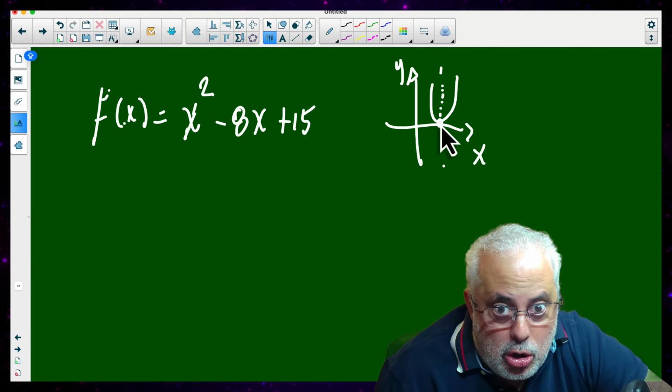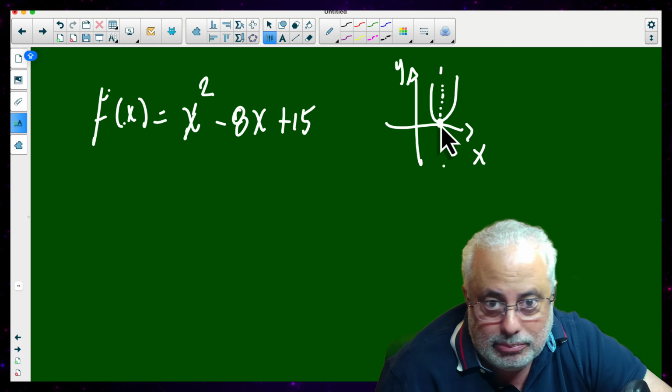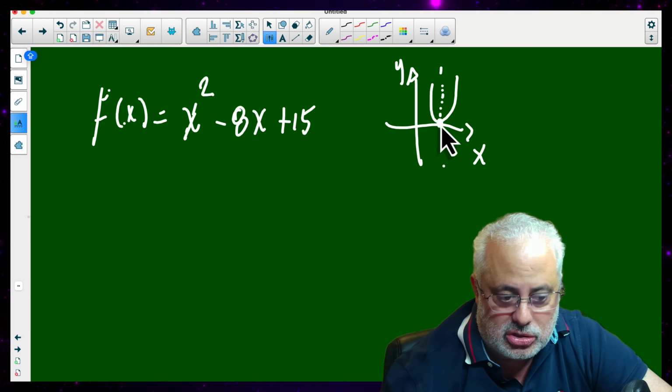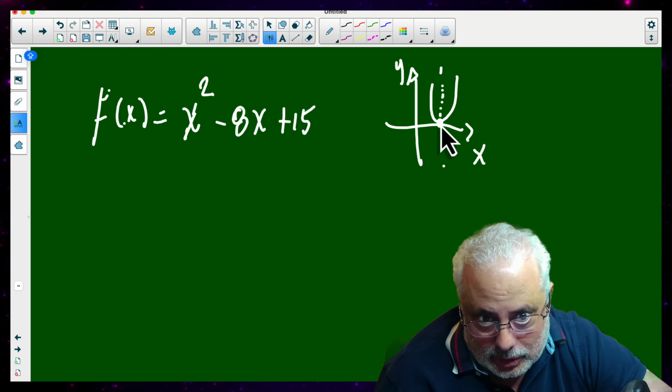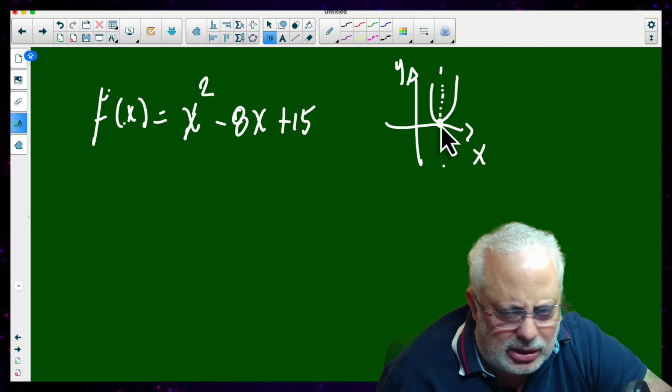So if I can know that axis of symmetry equation, x equals, because it's a vertical line, is 50% of the game. So let's find it.